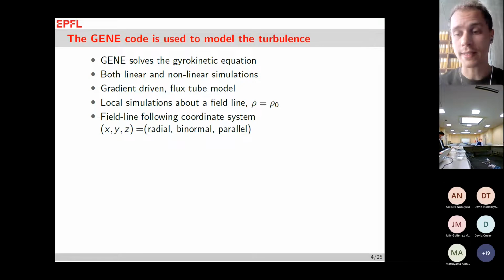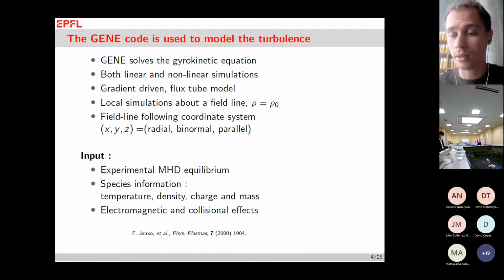The flux tube model means that we're doing the simulations next to a field line, close to one radial position. In GENE, we use an efficient coordinate system that makes use of the anisotropic structure of the turbulence. As input parameters, we give an experimental equilibrium, which in this case is a predicted experimental MHD equilibrium.